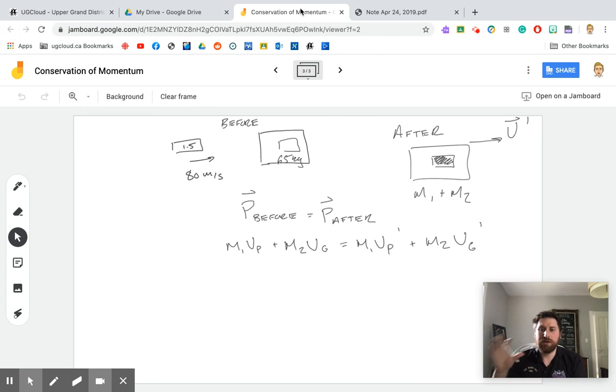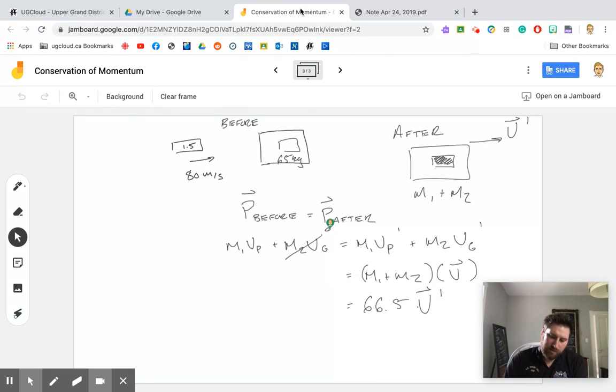And so this one, because we know that it's a hit and stick collision, the velocity is going to be the same for both the goalie and the puck. So in this case, 65 plus 1.5, so 66.5 V prime is equal to, the goalie's at rest, just 1.5 times 80. So 1.5 times 80 divided by 66.5.